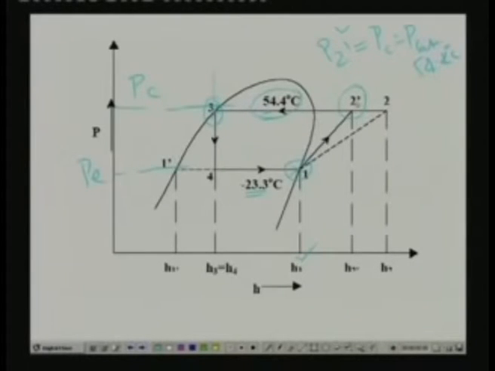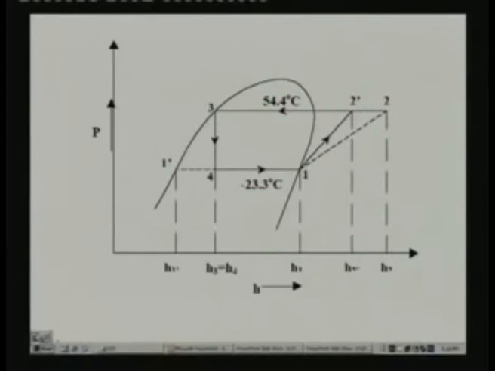That means the entropy at point 2 dash is the same as the entropy at point 1, that is S2 dash is equal to S1. So, at point 2 dash we know two independent properties, pressure and entropy. From these two independent properties we can find the rest of the properties such as temperature, enthalpies and so on. That is how you can find the properties of point 2 dash.